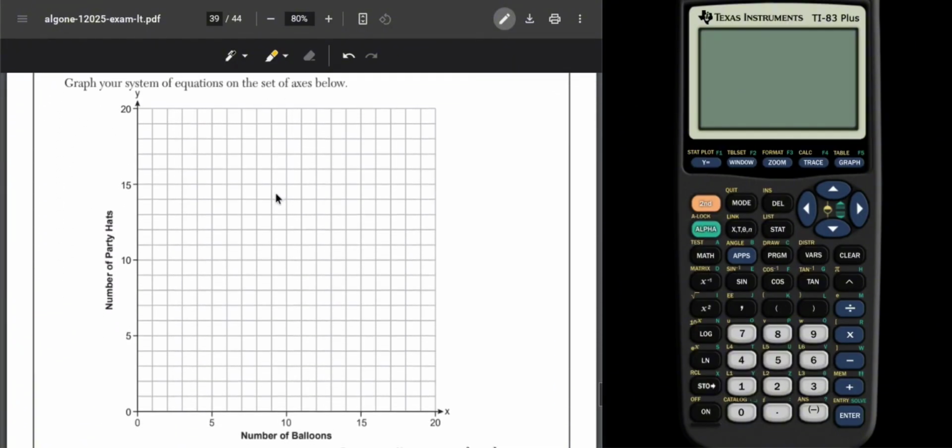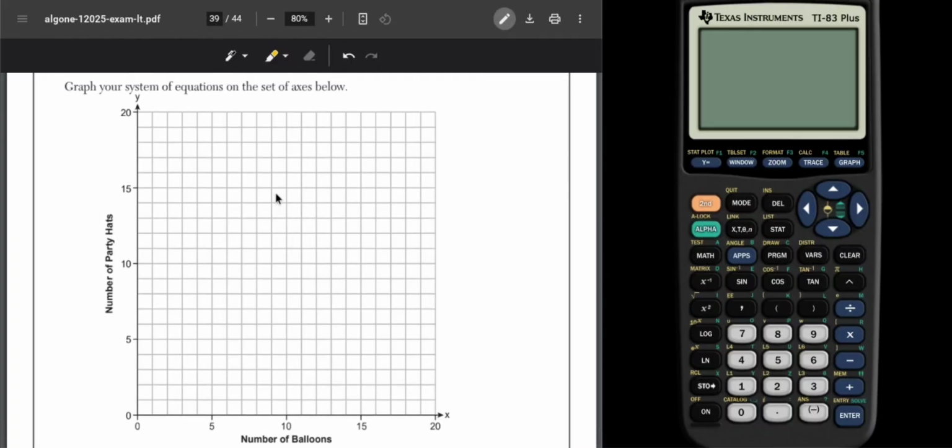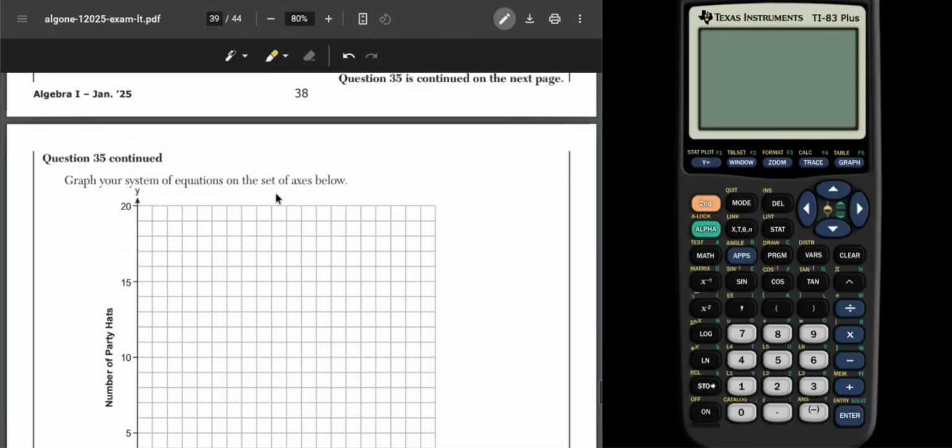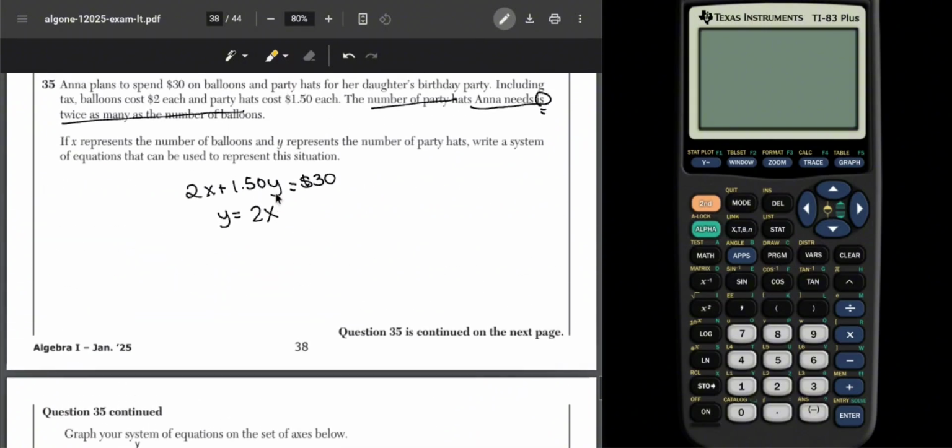My second part says, graph your system of equations on the set of axes below. So I'm going to use my calculator for this. But before I do that, I can put y equals 2x into the y equals button in my calculator, but I cannot put in 2x plus 1.5y equals 30. So I have to rewrite this equation.